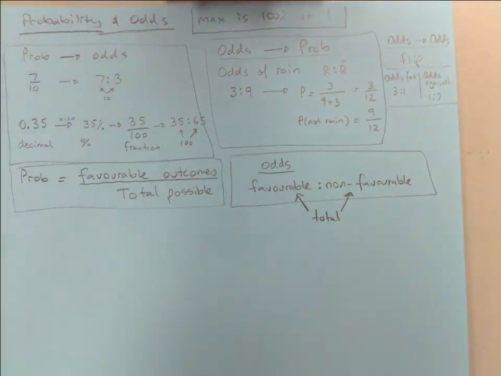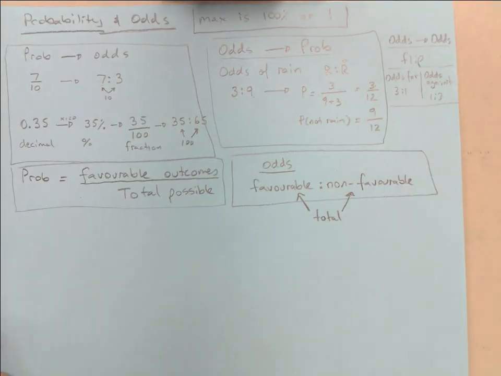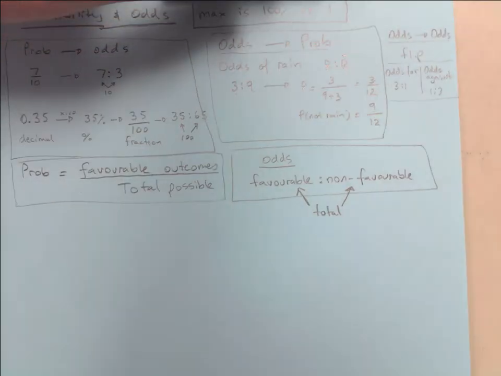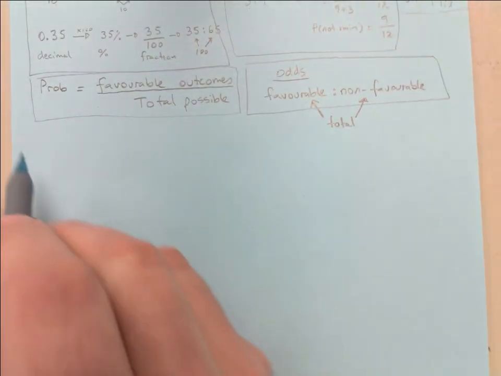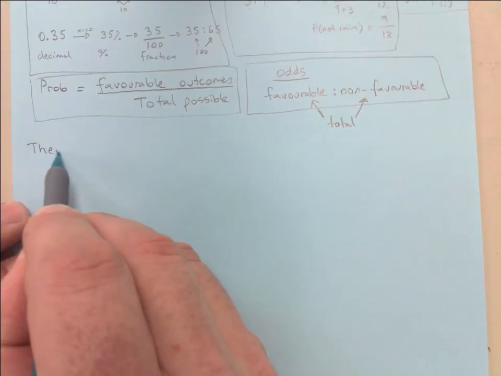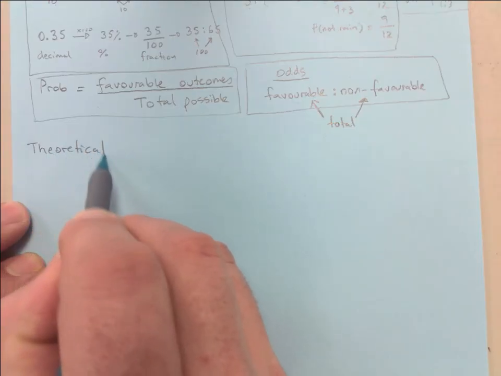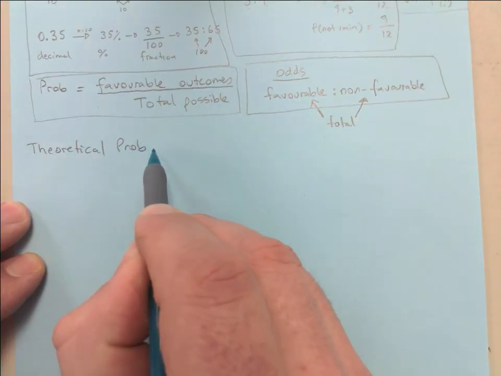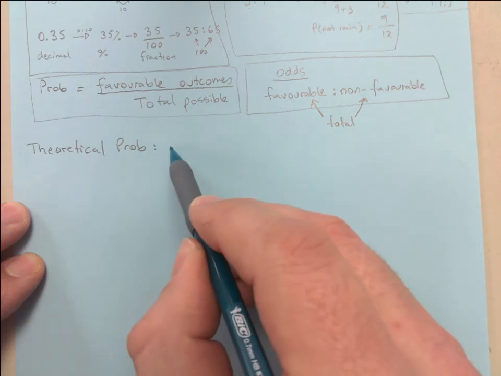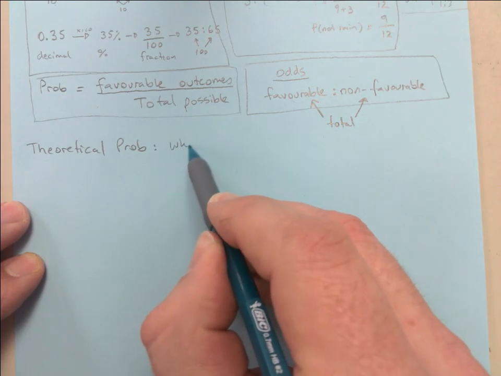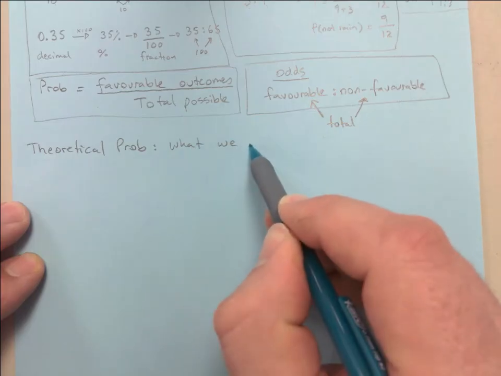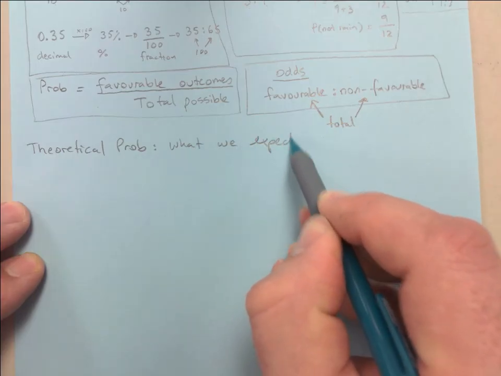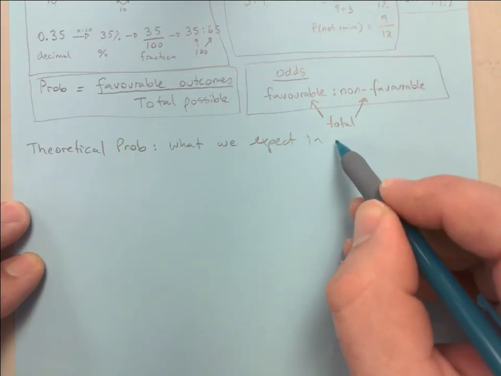Next, I want to talk about, let me see here, theoretical probability. I would want you to know that this is what we expect in the long run.